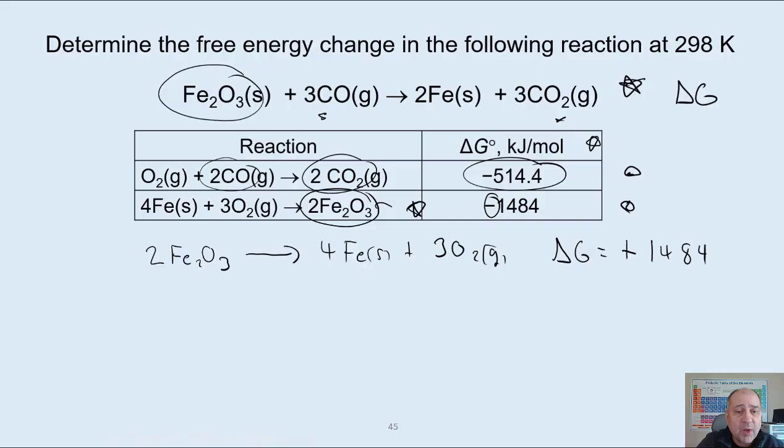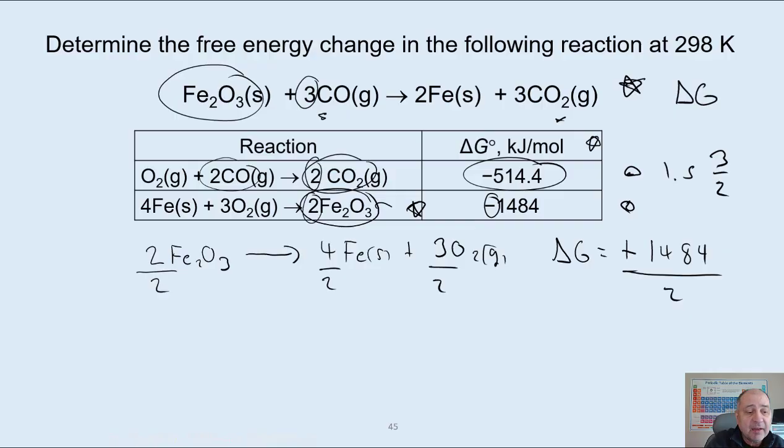But the other problem we have is the stoichiometry here doesn't match. We need 3 carbon monoxides and we only need half of that. So the first one is easier to solve. We just divide everything by 2. And here, in order to get from 2 to 3, we have to multiply by 1.5 or 3/2.